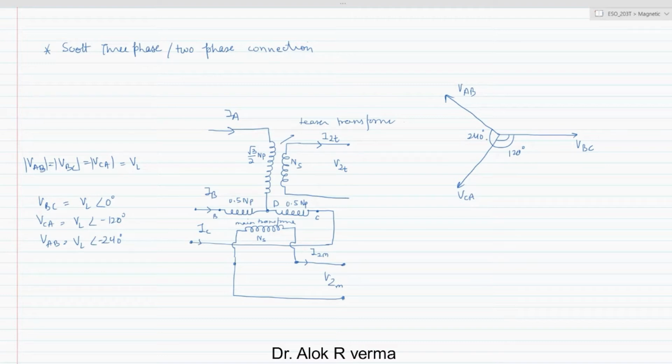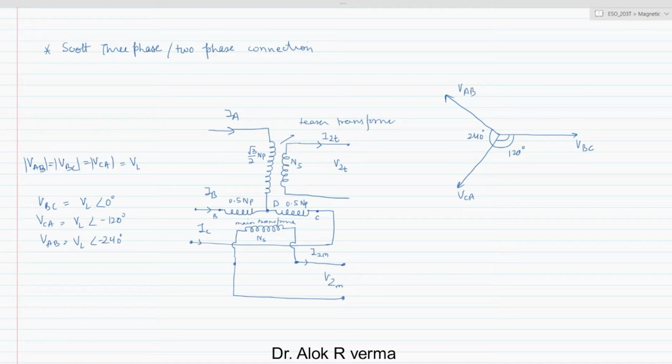So in this particular case, when we calculate the voltages VBD and VDC, they appear equal.